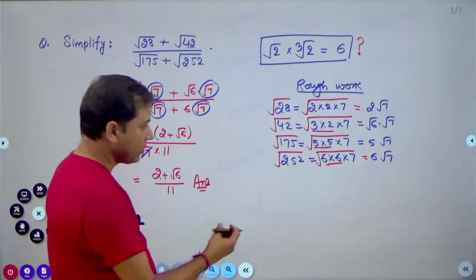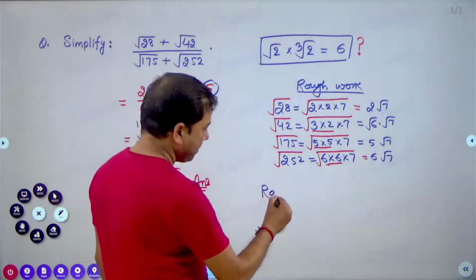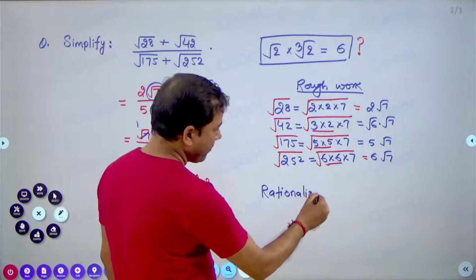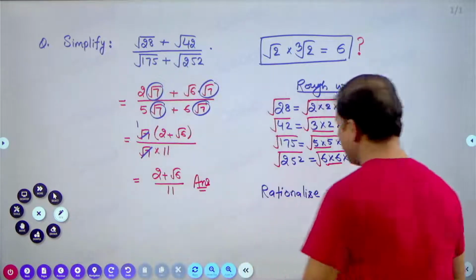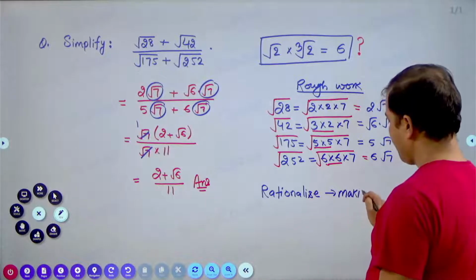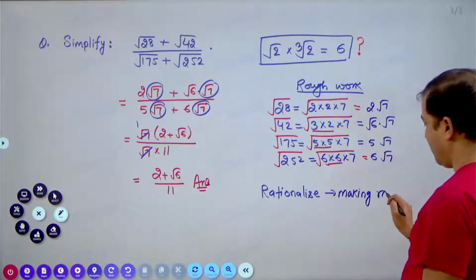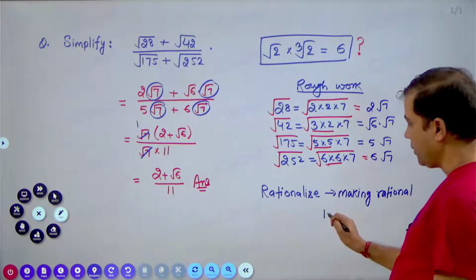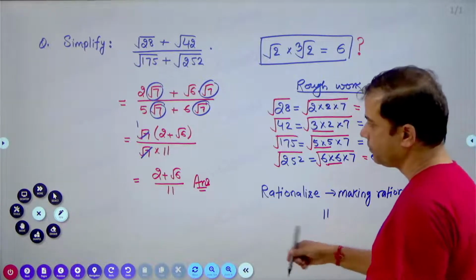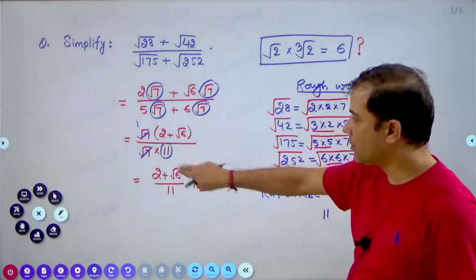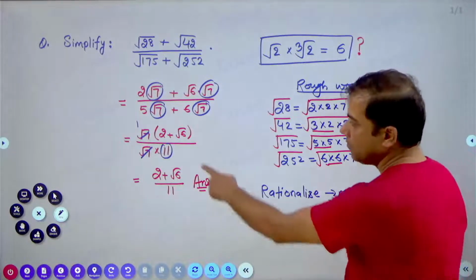What is the meaning of rationalize? Like the root should not be in the denominator. Rationalize means making rational, right? Yes. Do you think 11 is rational? Yes. I made it rational this way.